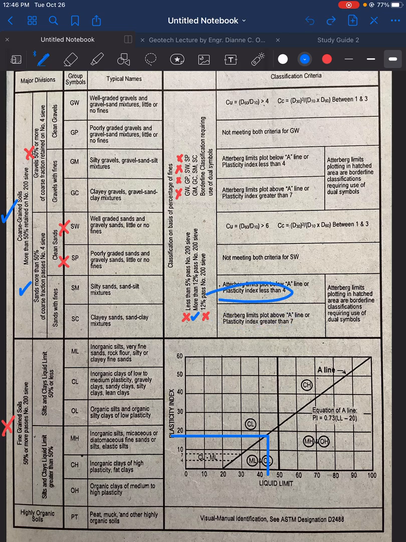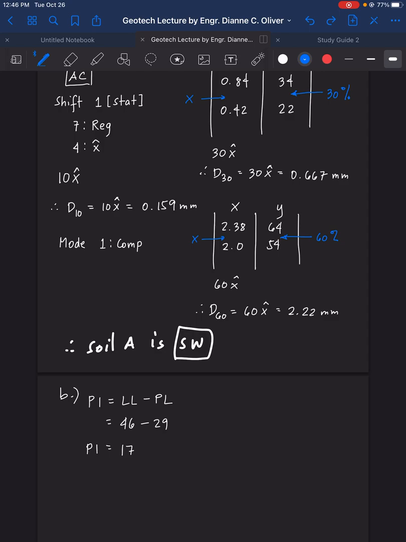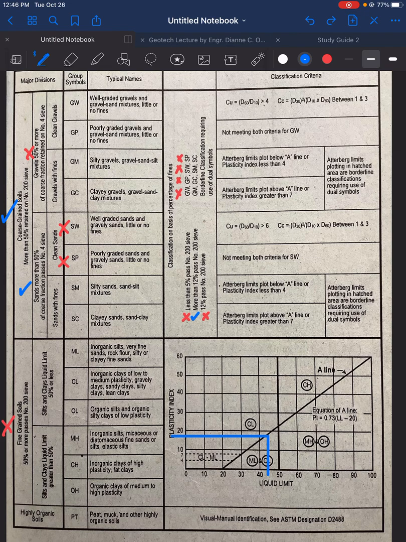Okay, so this is our savior here. The plasticity index for SM is less than 4. The plasticity index for SC is greater than 4. Therefore, if you see the value for PI here, is this less than 4 or greater than 7?